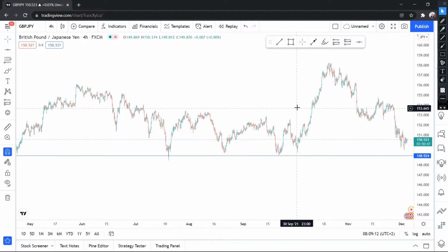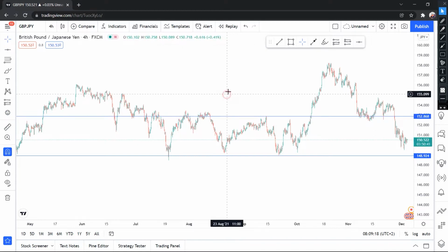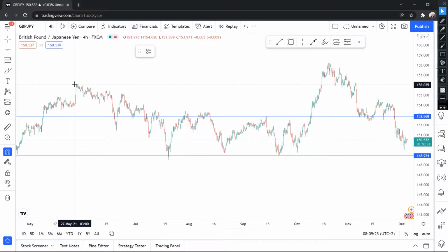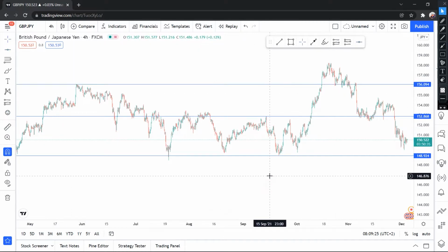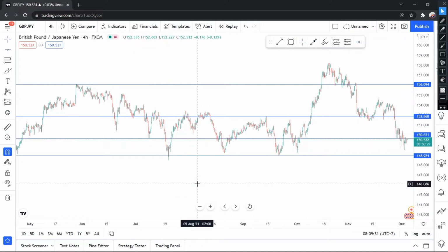I have that, and then I'll draw another one anywhere because I'm just drawing. Good. And then I can draw the next one somewhere around here. Let me draw one final one. Good. So after doing this, now I'm going to readjust these lines to have the most number of touches.